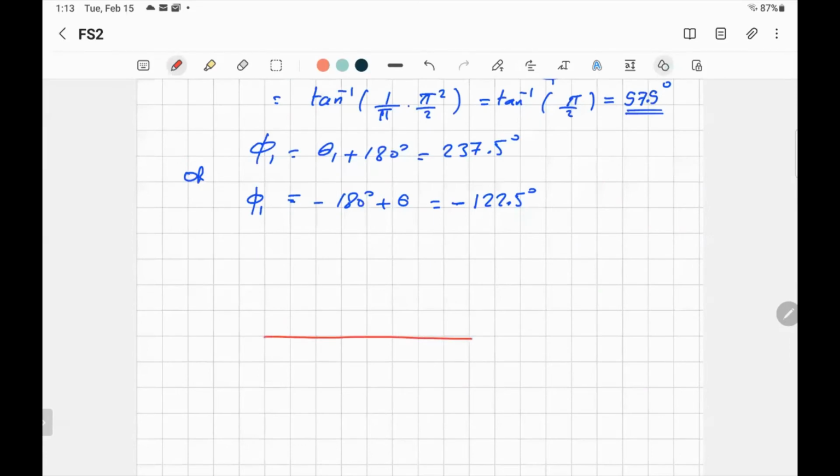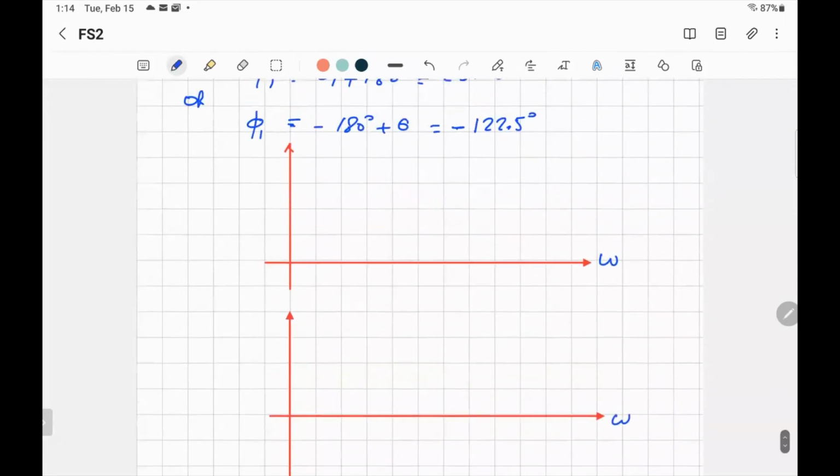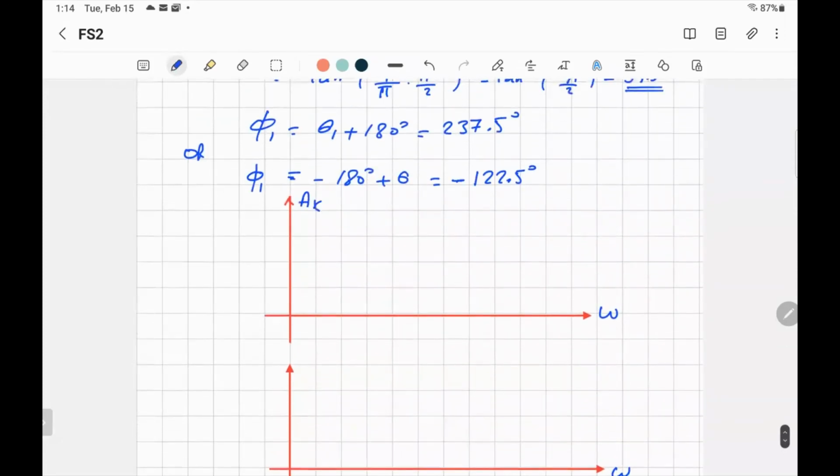You draw an x-axis, and this x-axis will be omega, the frequency. And the y-axis, if you are talking about the magnitude, that's A_k. And you make another one, because line spectra consist of two plots, one for the magnitude and one for the phase. So this one is omega and this one is omega, and here the magnitude A_k and here the phase.